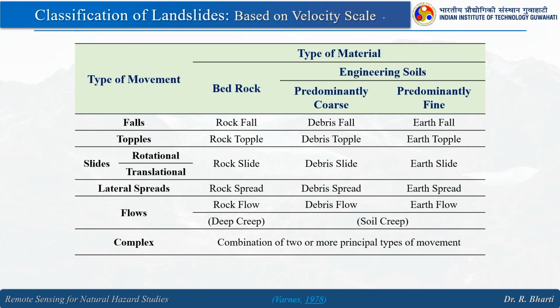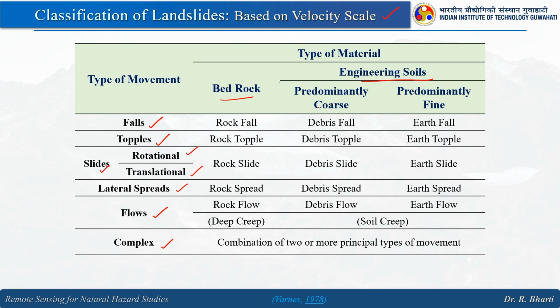So, based on the velocity scale, here you can see the type of movement: falls, topple, then you have slide which can be rotational or translational, then lateral spread, then you have flows, and then you have complex. When we talk about the type of material, here you have bedrock and soils.